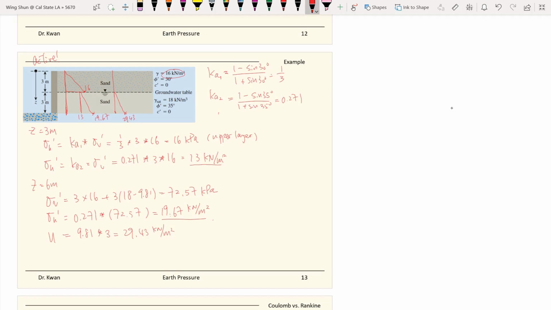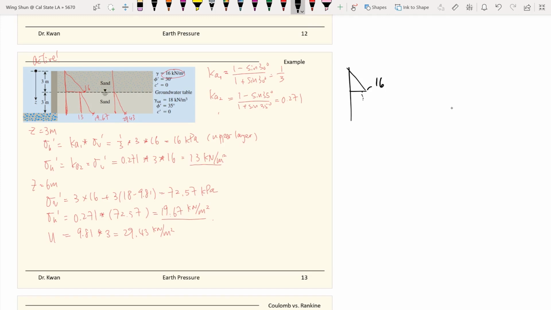And then if we combine the two parts, the soil stress distribution and the water distribution, let me do it here. Then the first layer didn't change much. Let me use black this time. So the first layer won't change much. So here is still 16.